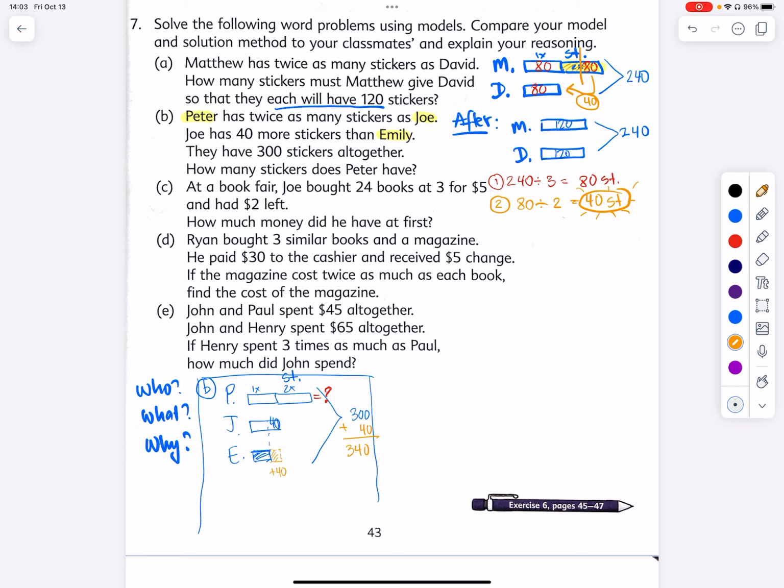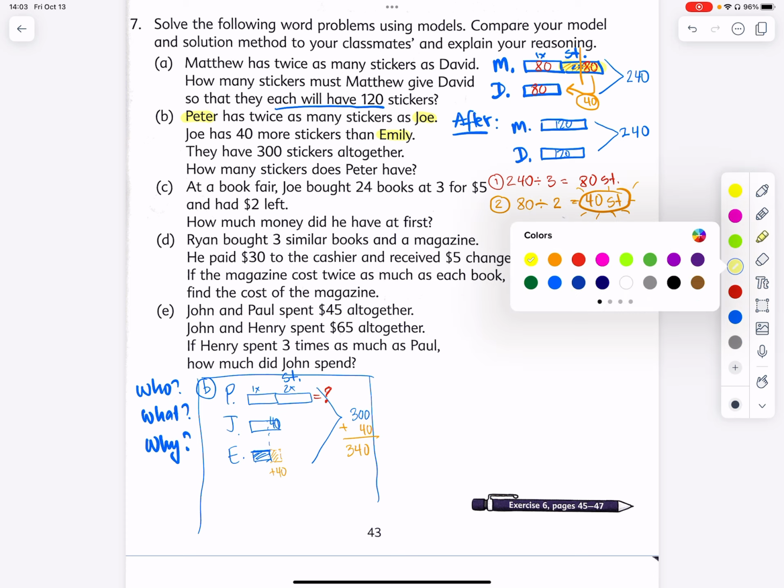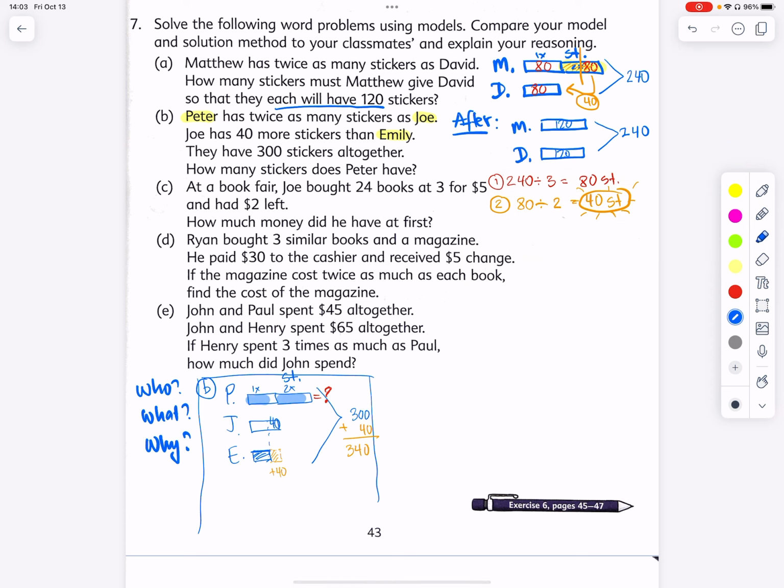Peter, Joe, and Emily have some stickers, and the bars are now the same size. Let's take a look. 1, 2, 3, and 4. 4 units in 340. We must find what is inside each unit.